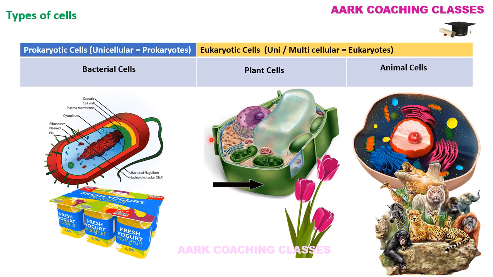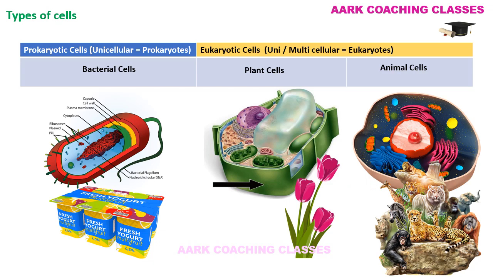What is this? This is the cell wall and a big vacuole. The vacuole in plant cells is generally so big that it pushes the nucleus to one side. Whereas in animal cells, the vacuoles are very small, transient or maybe absent. And generally, you will see the nucleus is centrally located.